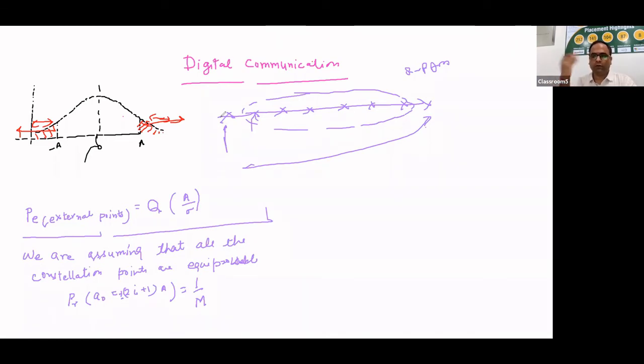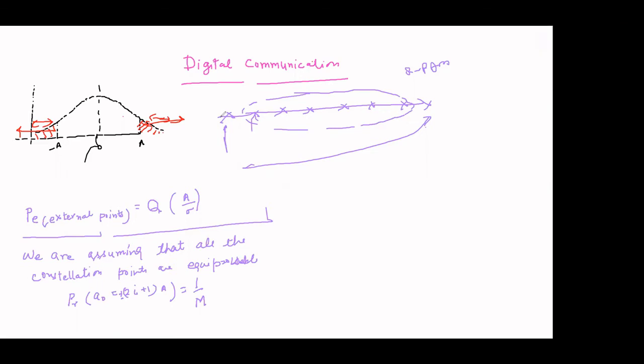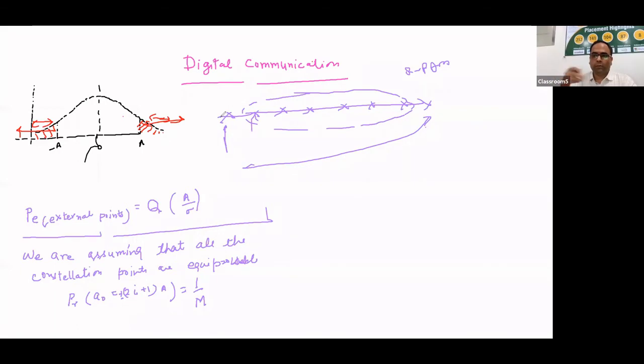Means the pulse which we are going to use for the purpose of modulation, the amplitude of that pulse can be equal to A, 3A, 5A, 7A, whatever. But the probability of what amplitude it may be is the same; there is an equal chance for every amplitude. So if you are calculating the probability of error, it may be the case that your pulse is having an internal point amplitude, for example A, 3A, or 5A.